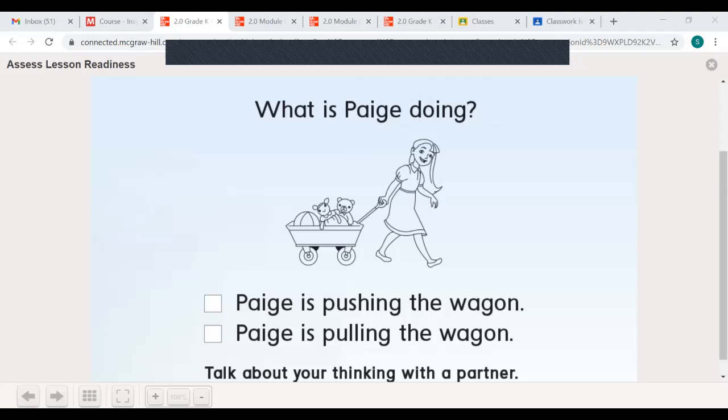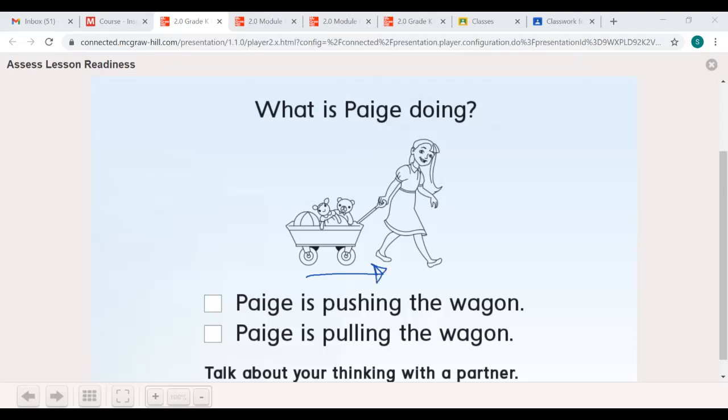And a pull involves moving the object towards the person applying force. So the girl pulls the wagon, and the wagon is moving towards the girl. So the wagon is moving towards her, not away from her. She is pulling the wagon.